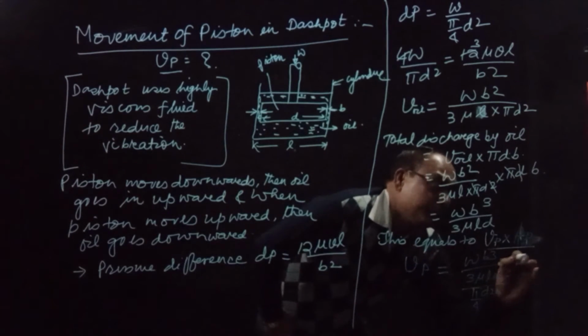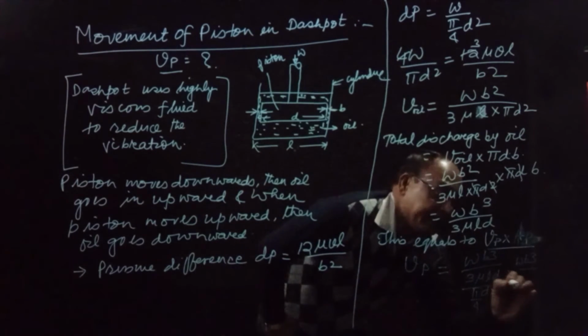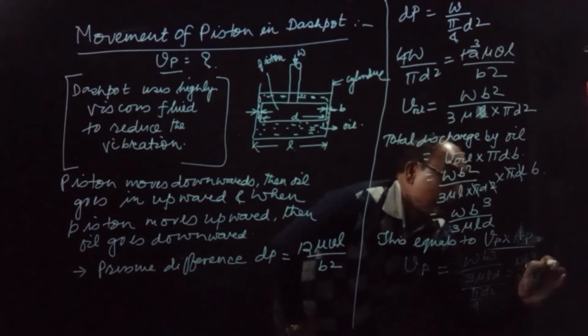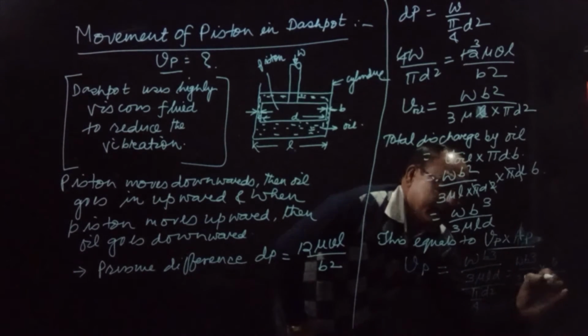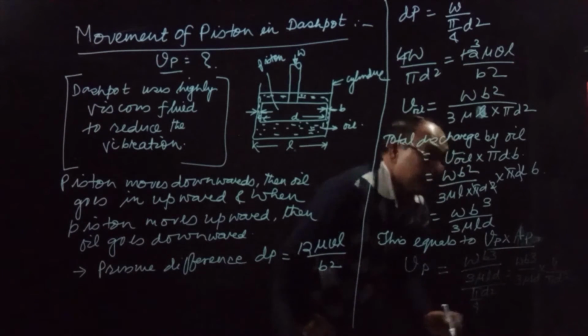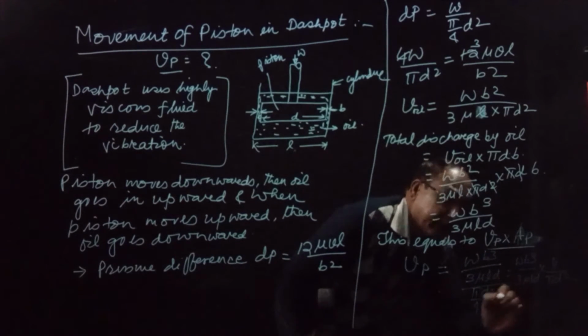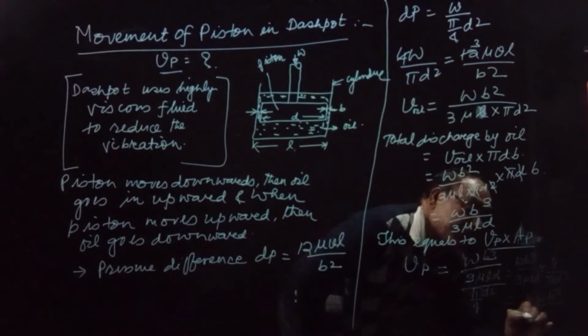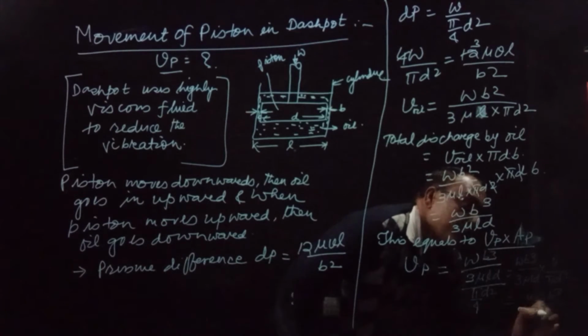So it is W B cube by 3 mu L d into 4 by pi d square. So this will be 4 W B cube divided by 3 pi mu L d cube.